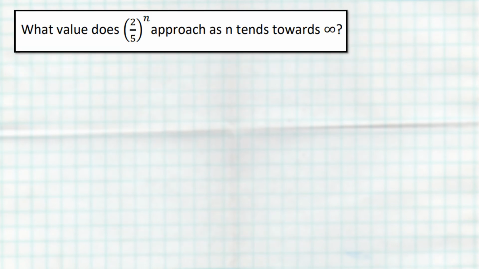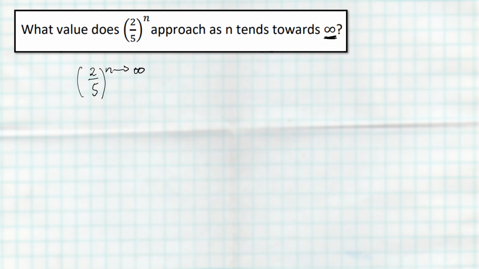Okay, let's look at this other challenging question. What value does 2 over 5 to the exponent of n approach as n tends towards infinity? Can you see this symbol of infinity? So they want you to know what value does 2 over 5 exponent n approach as n tends towards what?